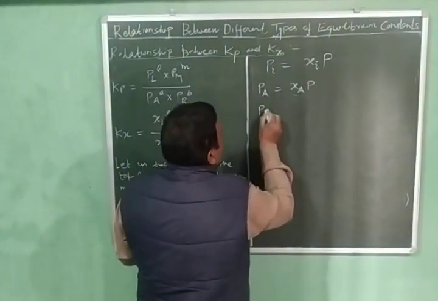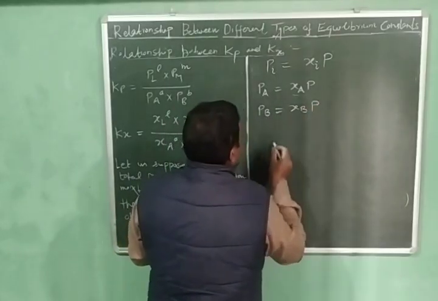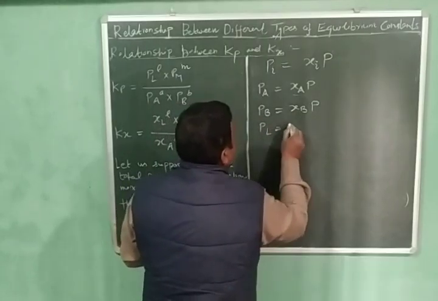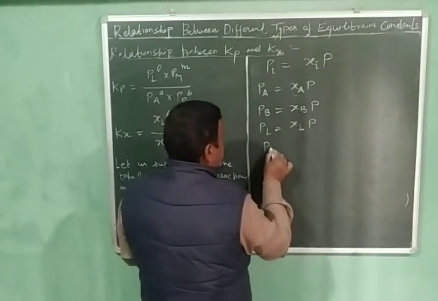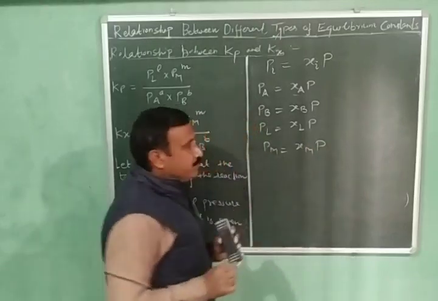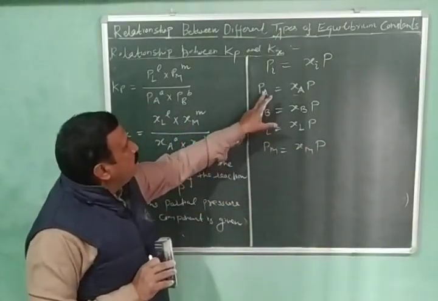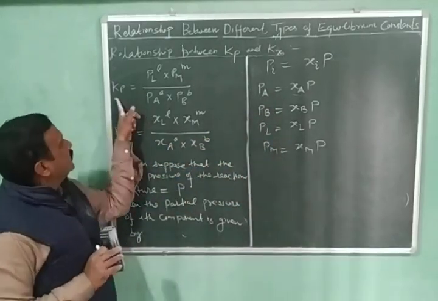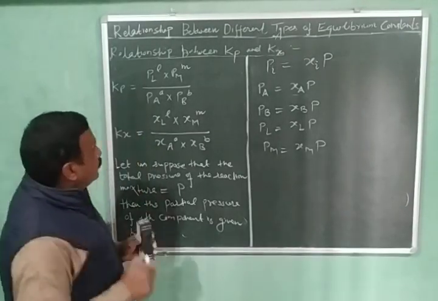Likewise, PB will be equal to XB into P, and PL will be equal to XL into P, and PM will be equal to XM into P. Okay, now we will substitute the values of these PA, PB, PL and PM in the expression for the Kp. So let us substitute.